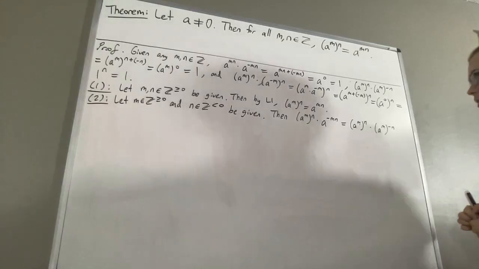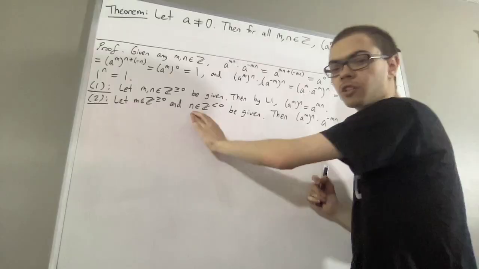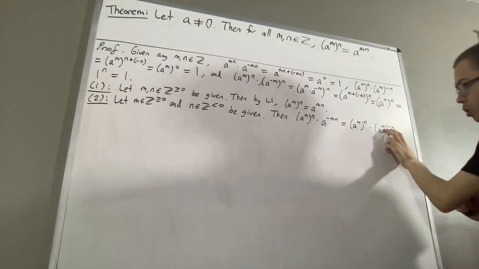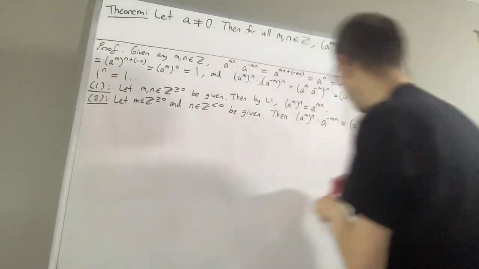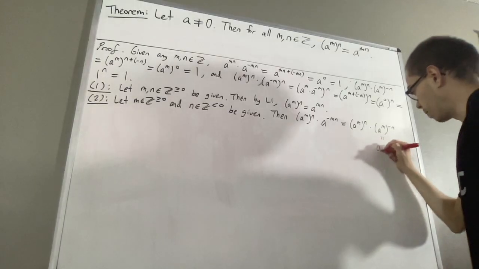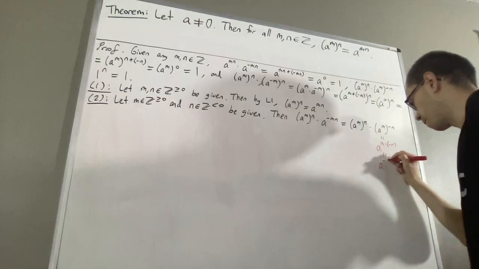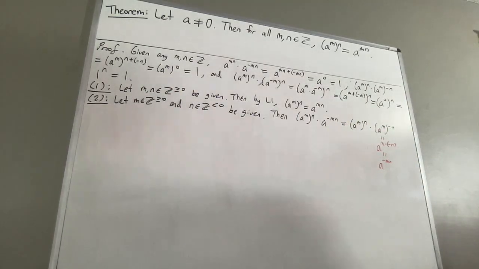The reason why is because we know m and negative n are both non-negative integers. So by our first preliminary result, we are able to multiply the exponents here. When we multiply the exponents, this is just a to the power of m times negative n, which is a to the power of negative mn, right? So that's just equal to that by our first preliminary result.